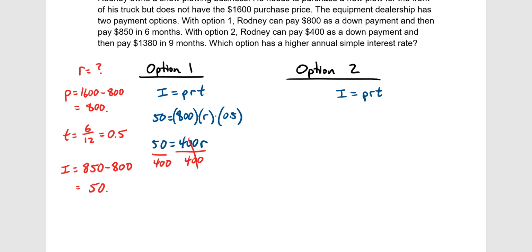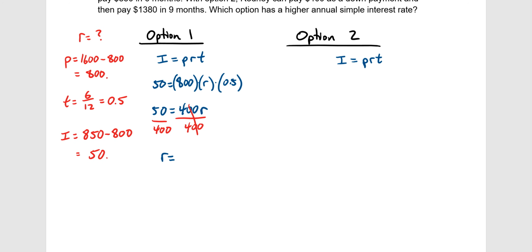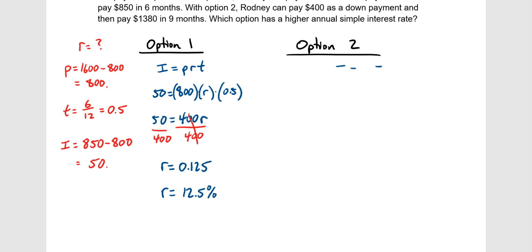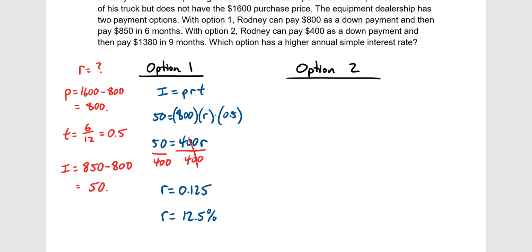And 50 divided by 400 gives us 0.125. So that's going to end up being, as a percent, move the decimal 2 to the right, that's 12.5%.